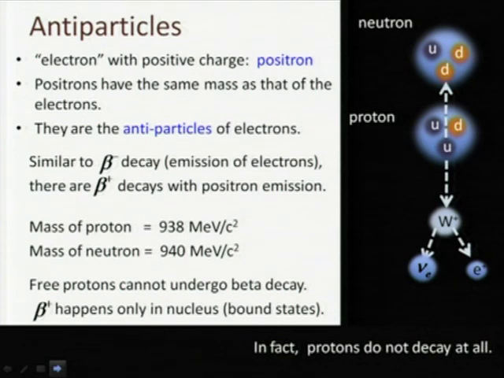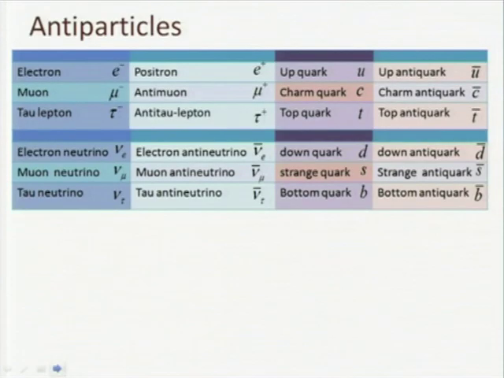It is not that protons decay through beta plus emission, but protons are very stable, and the whole construction of the universe, of everything that is there, owes somewhat to this stability of the proton. Again, think about what happens if the proton had not been stable as it is and could have decayed fast. Now that we said what is an antiparticle, we will not go into the details of this. There are proper ways to understand the antiparticles.